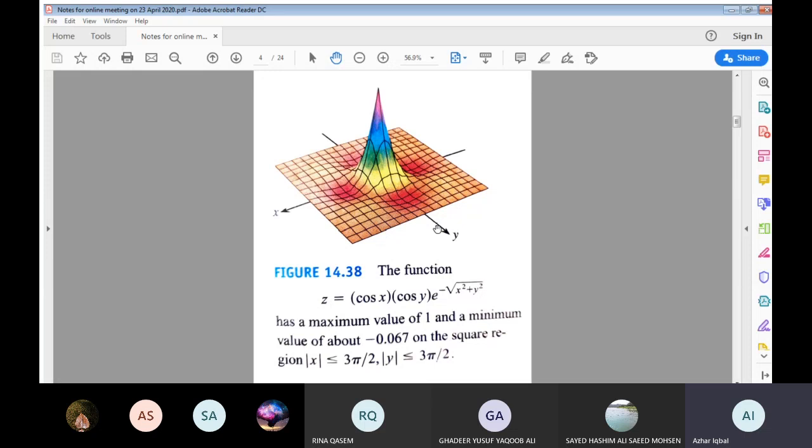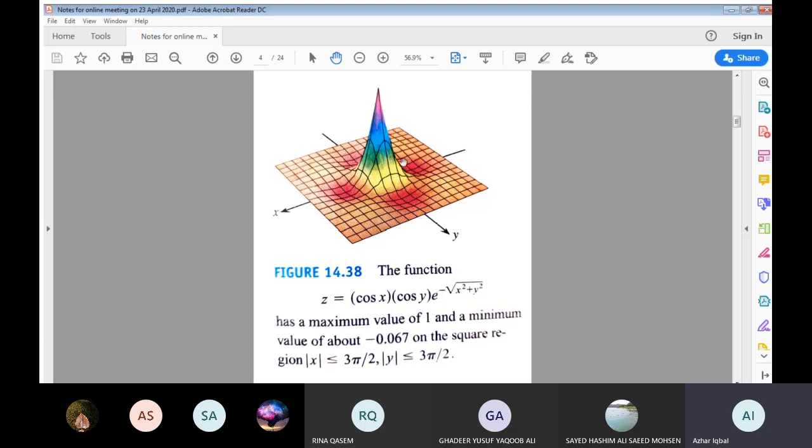Okay, and for this one, the maximum value of the function appears at the origin, which is a value of 1. And then there is a sharp decline, or descent, of the function, or rapid increase. And there are these four compressions.